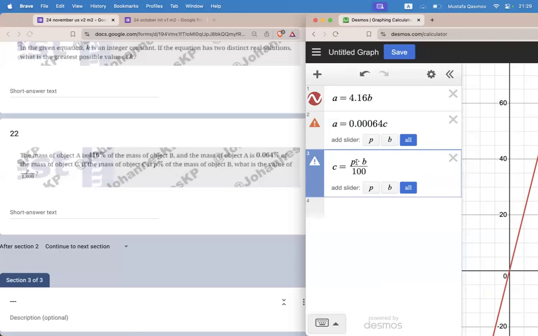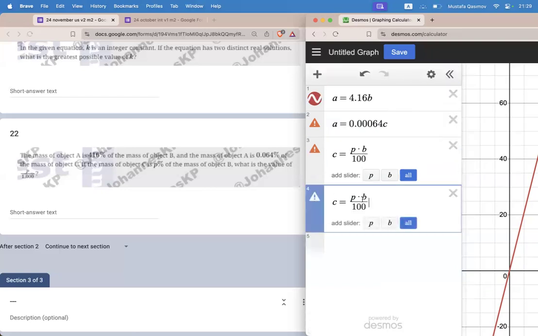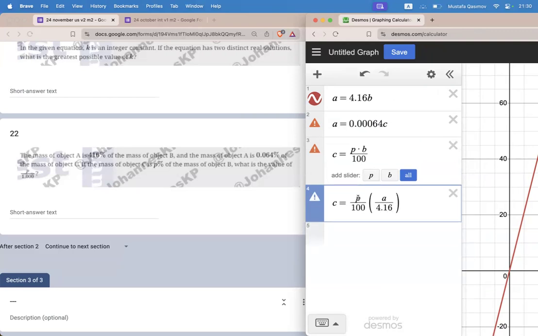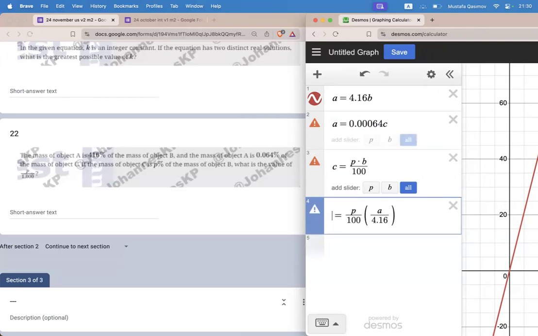Okay, now we have to find P from here. So let's write instead of B. Let's do it like this. Let's write B like that. Okay, now let's do some substitution here. Let's write instead of B, A over 4.16. Let's write instead of C, A over 0.0064.